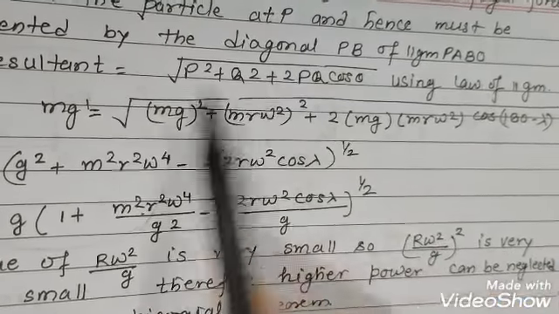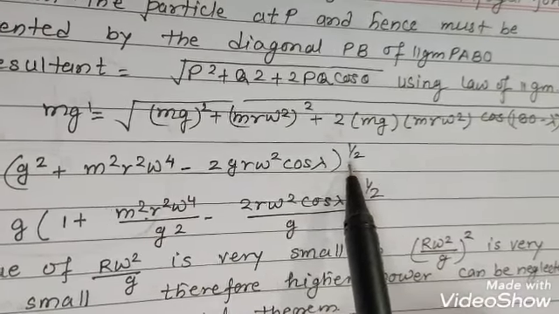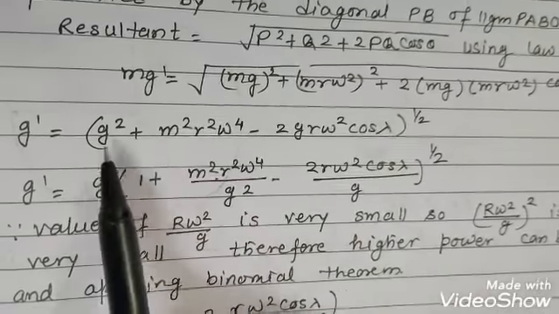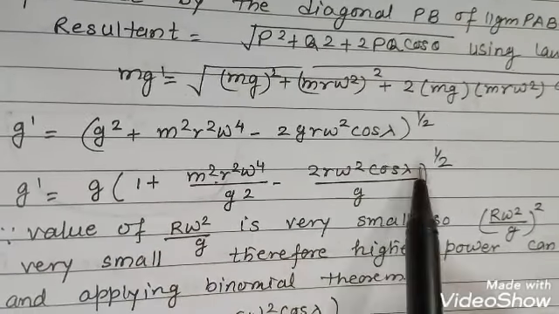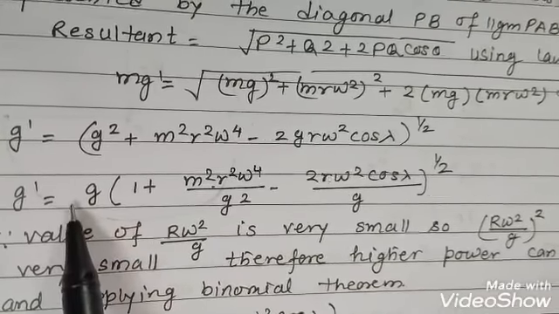Both are equal things. Now we take g common from the root sign, so the square and the half cancel and g comes outside.